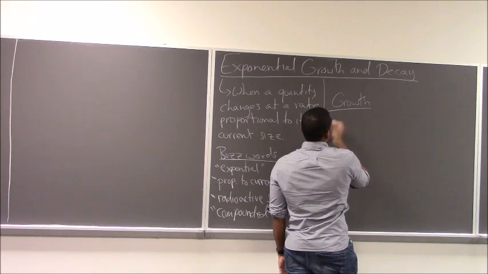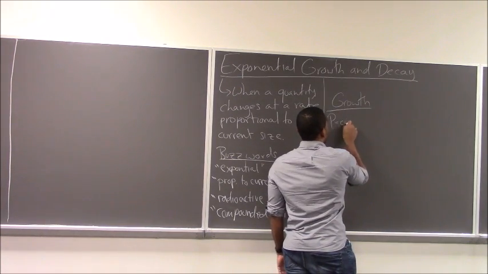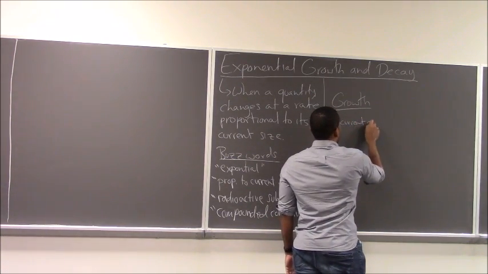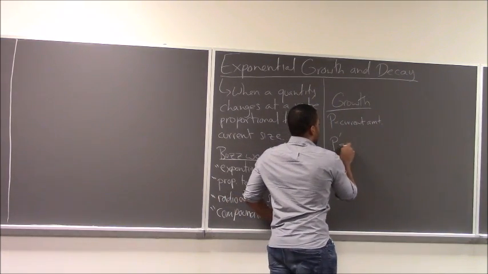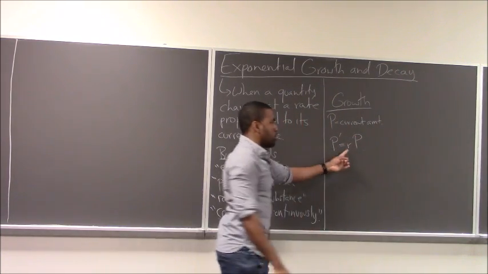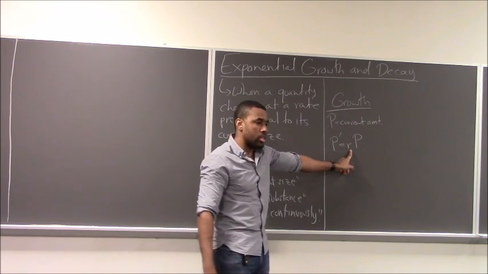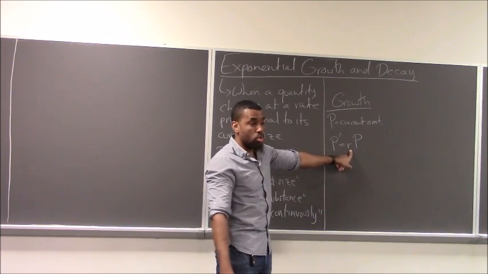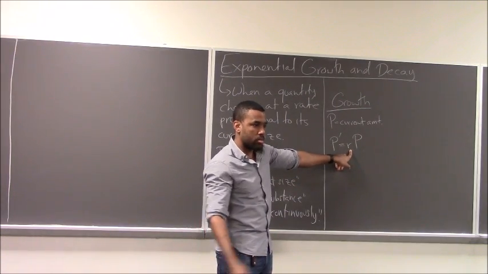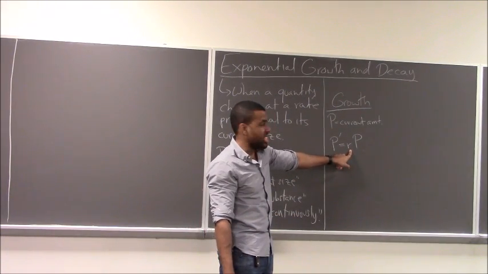So if P is the quantity, then it turns out that P prime would be proportional to its current size, so r is going to be a constant. You need to remember the name of this constant. It's on the handout. It's called the growth constant or the relative growth rate. So those two phrases would refer to this guy.